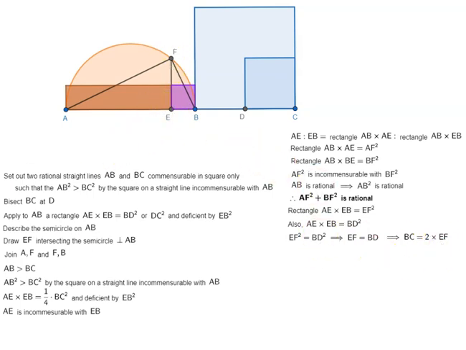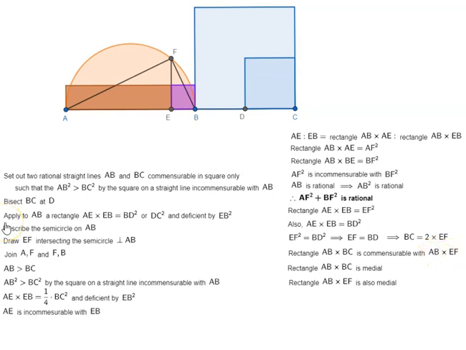So, which means rectangle AB by BC is commensurable with AB by EF. Why? Because BC is commensurable with EF. Now, rectangle AB by BC is medial because there are two straight lines AB and BC commensurable in square only. That means rectangle AB by EF is also medial.